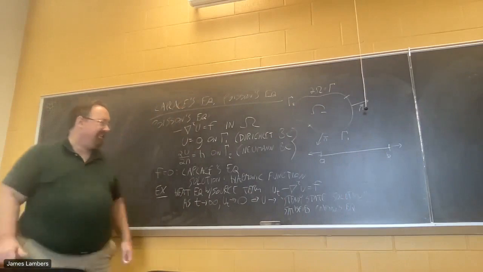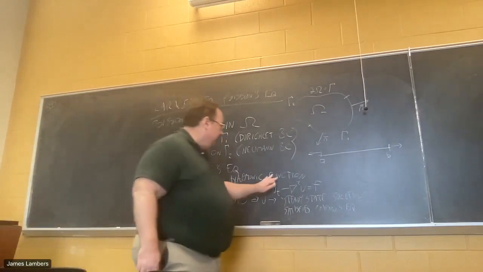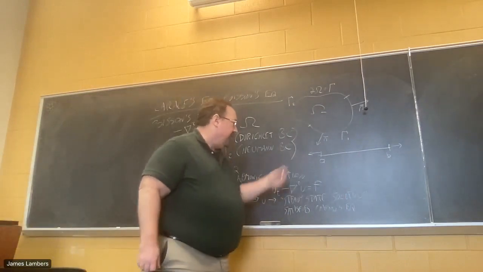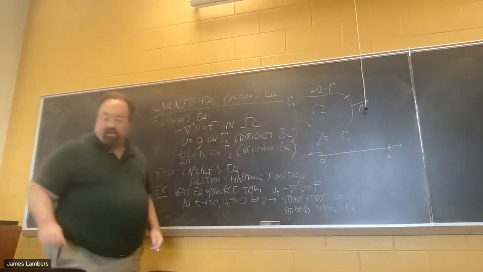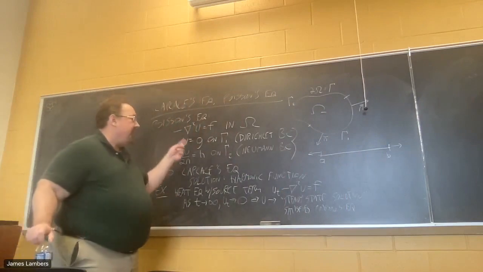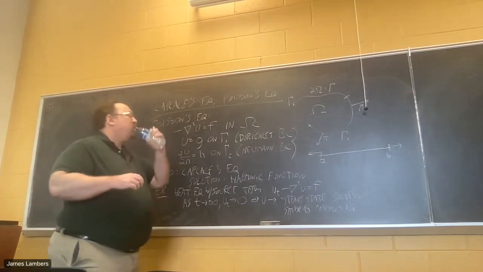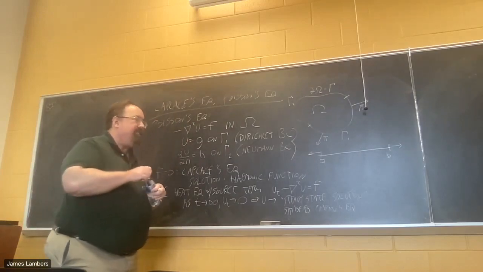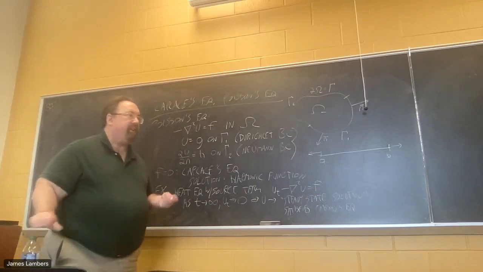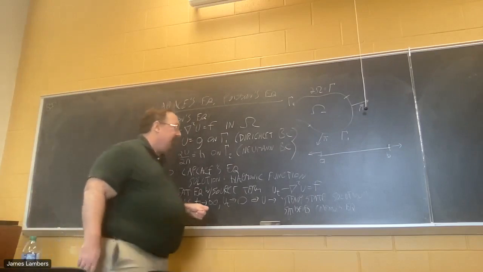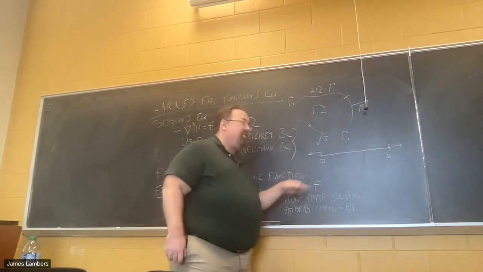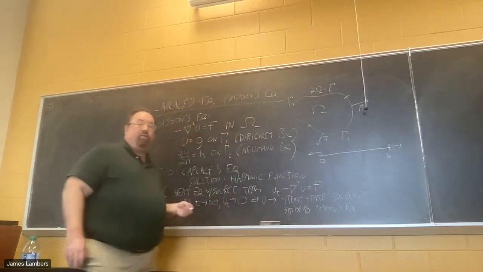You ignore this term, and Poisson's equation falls right out, where the right-hand side is equal to the source term that you started with. Now your source term may be a function f of x and t, it may be time dependent as well, and we're assuming that f of x,t as t goes to infinity also converges to a steady state.